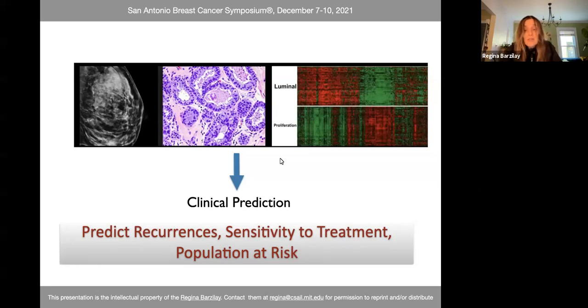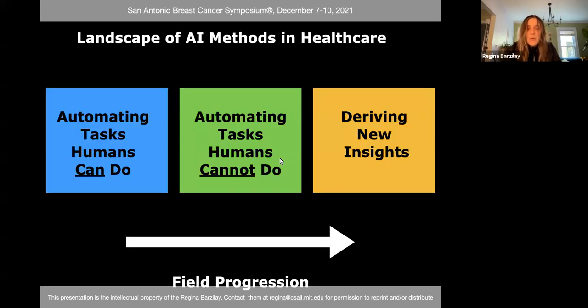Is this patient likely to get recurrence? Would they be sensitive to tamoxifen? Who is a population at risk? And again, given our training data, because we have in every hospital lots and lots of breast cancer patients with a known outcome, we can try to apply supervised learning to answer some of these questions.